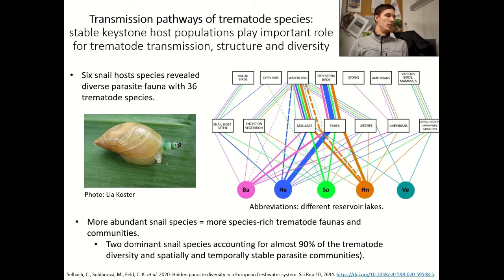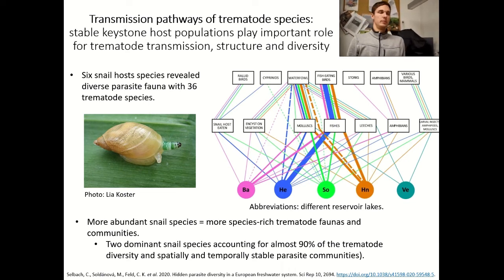The lines are trematode species utilizing individual transmission pathways, and the thickness of the lines is proportional to the number of trematode species utilizing each pathway. The dotted lines show direct infection of the definitive host, so then there is no intermediate host or encystment. The abbreviations at the bottom of the figure are different reservoir lakes that were investigated.